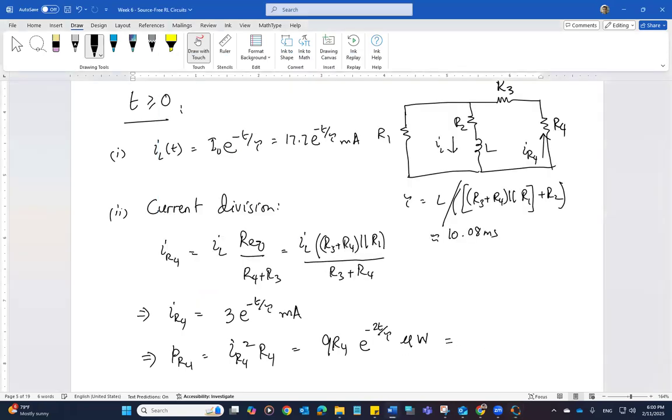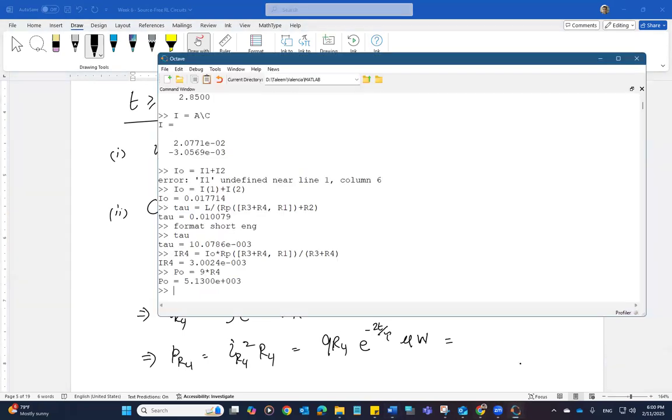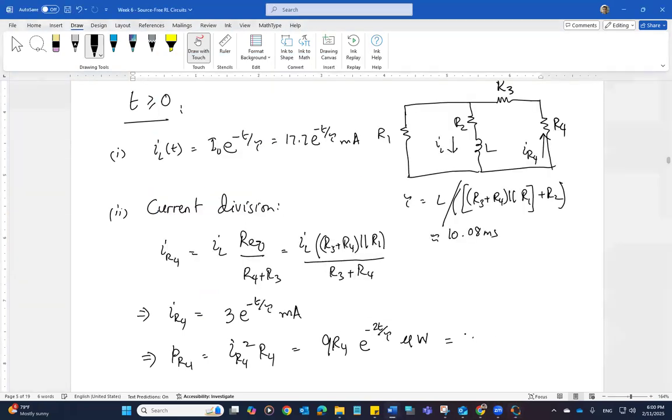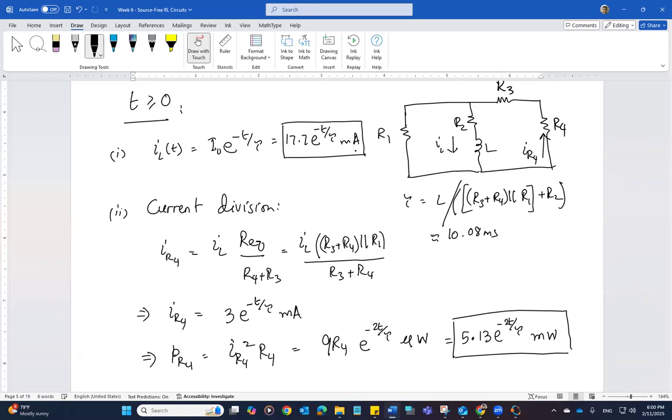So you're going to get 5.13 e to the power negative 2t over tau milliwatt. And that is the expression for the power in R4. Of course, you can put any value of time and you can get the power at that instance of time.